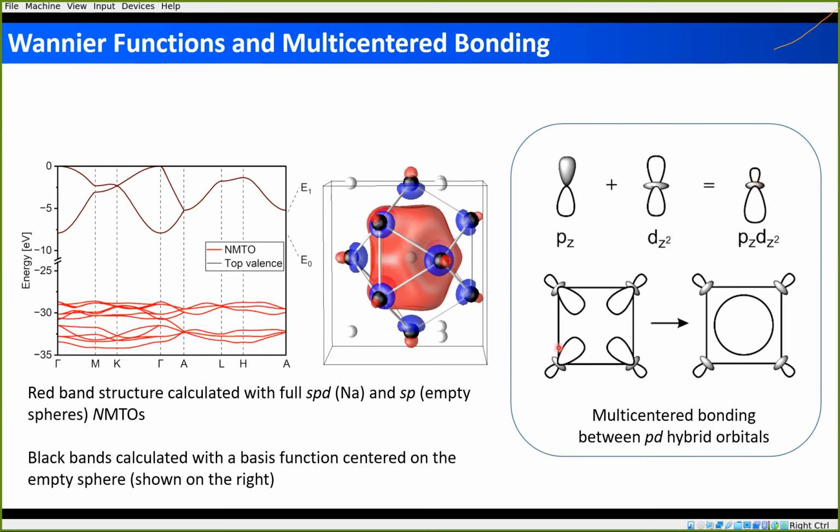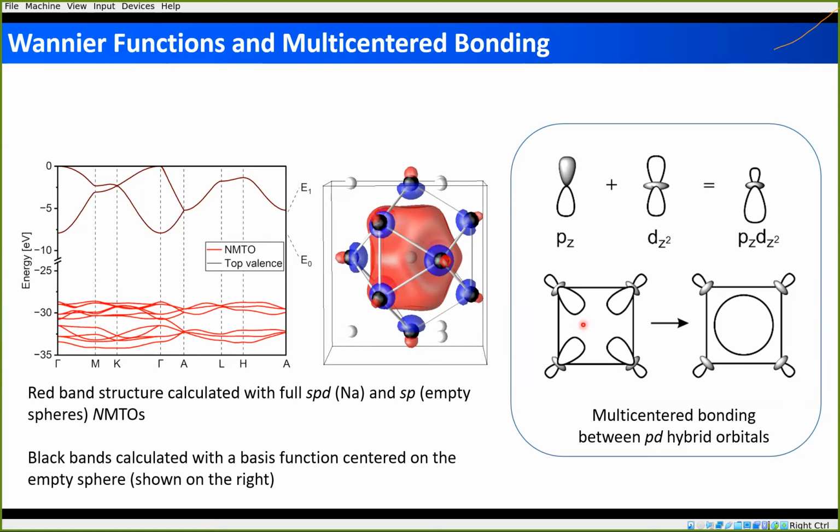And if one were to put a number of pz-dz hybrids pointing towards the center of this lattice, then you get overlap between them that could be thought of in terms of multi-centered bonding between these pd hybrids.